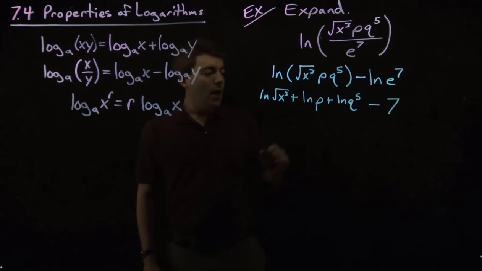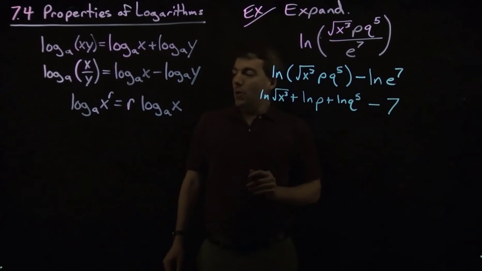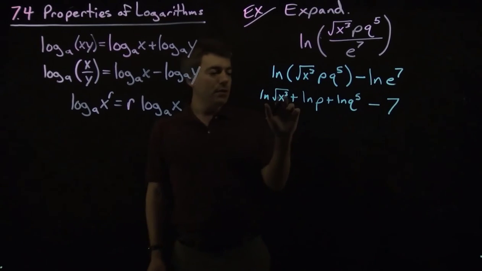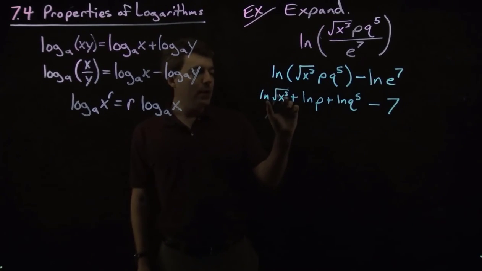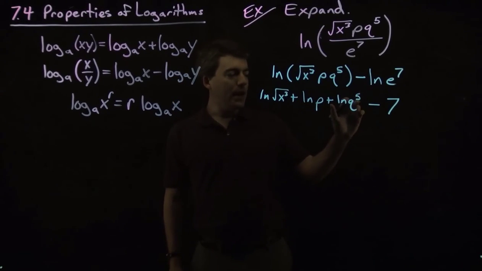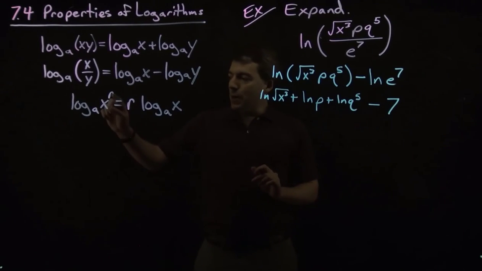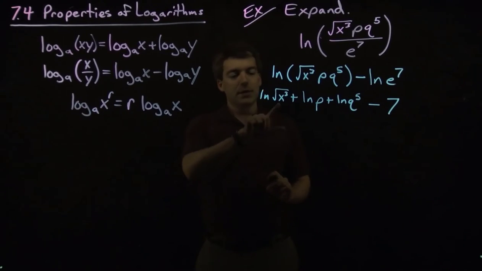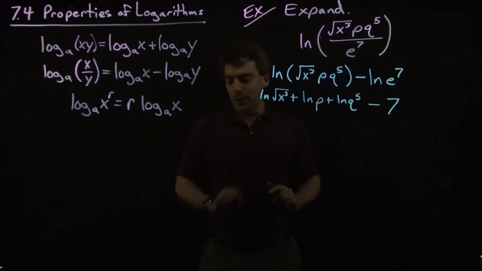All right, what else can we do to this? Well, notice that we have some powers. We've got a square root and a 3rd power here in this argument. We have a 5 on the exponent of q. So we can use this property to bring down the exponents. Let's look at the square root of x cubed.